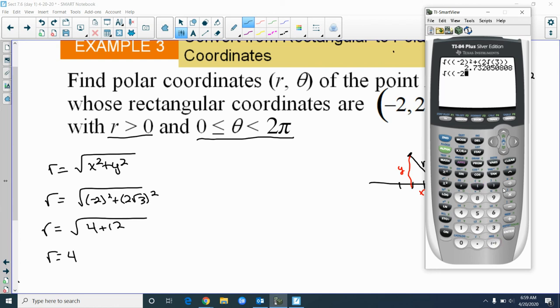So let's see if I can get it right this time. Negative 2 squared plus 2 square root of 3. Now I want to square that whole thing, and I probably need another parentheses. All right, so it gives me 4. But here's the thing, if you type it in wrong, it's easy to make a mistake.